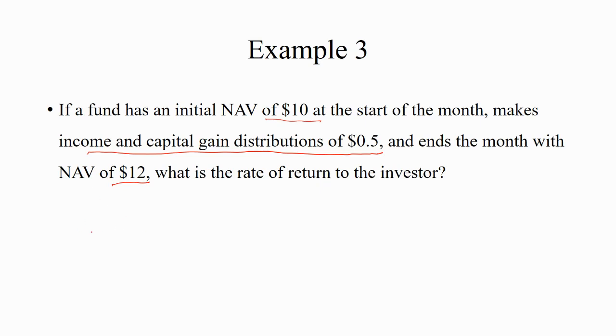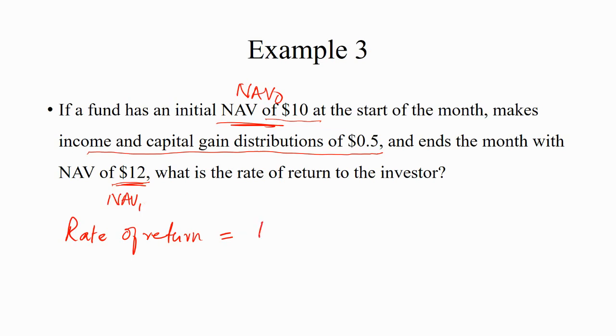Putting the values in our previous formula, the rate of return is equal to: the initial NAV, this is our NAV at time 0 or previous one; it ends the month with an NAV of 12, so this is our NAV at time 1 or current NAV.